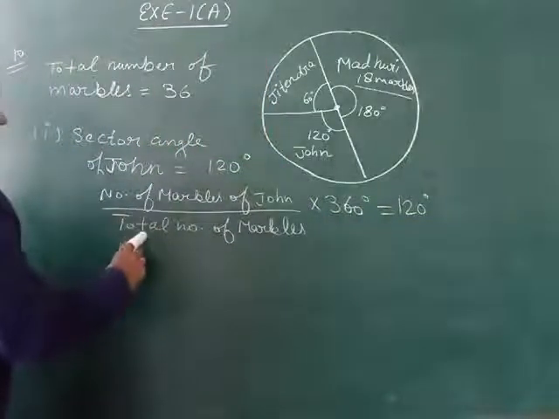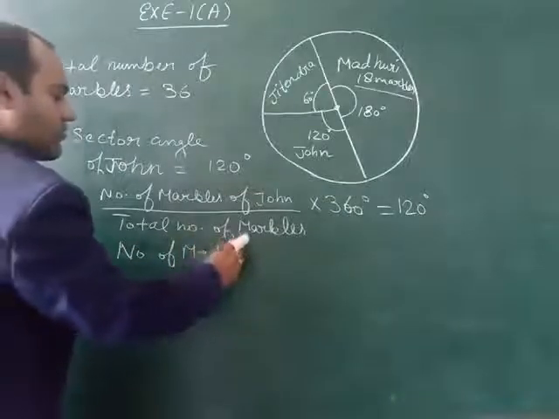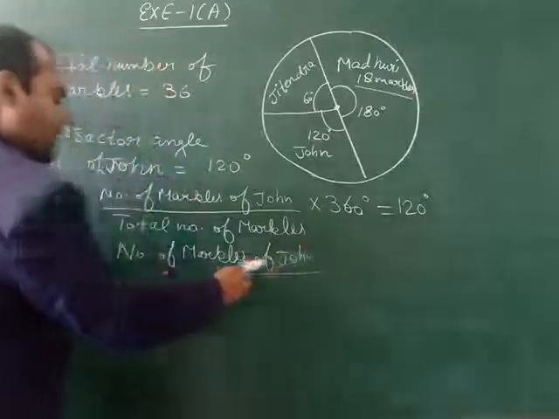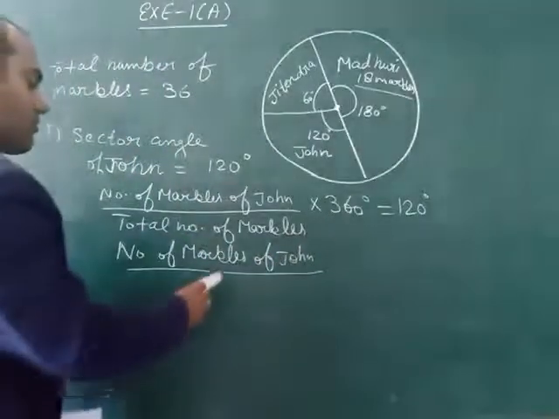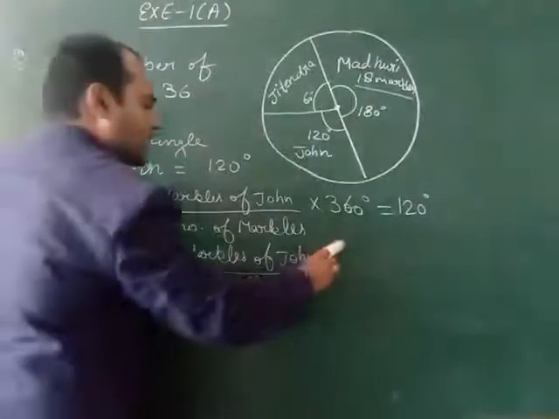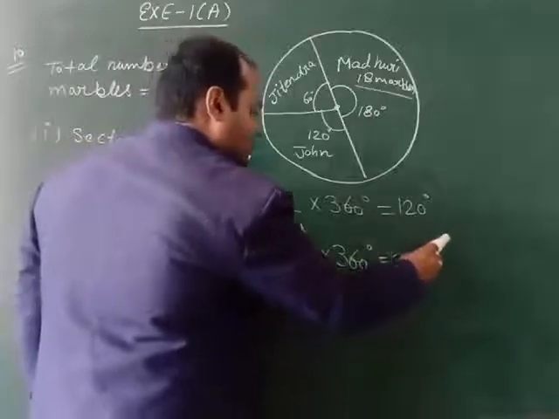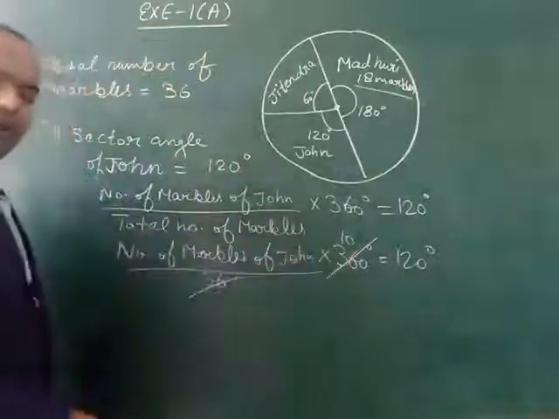Now the number of marbles of John we have to find. So we will write it as it is, divided by total number of marbles which is already given in the question. So total number of marbles are 36 into 360 degree is equal to 120 degree. This 10 will come in divide on the right hand side.